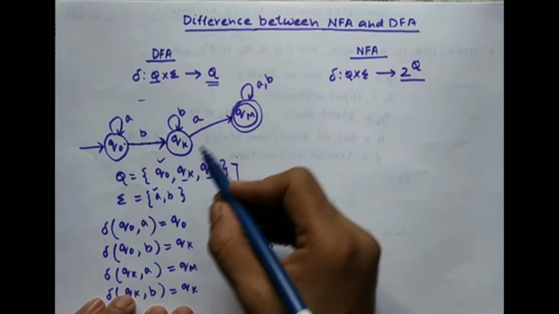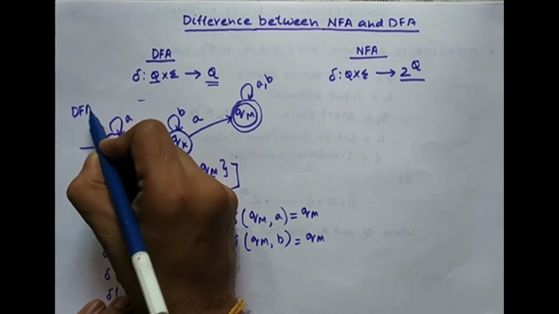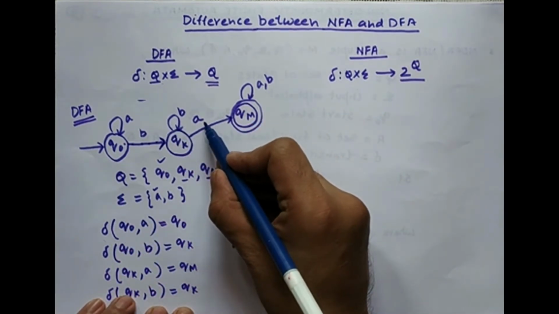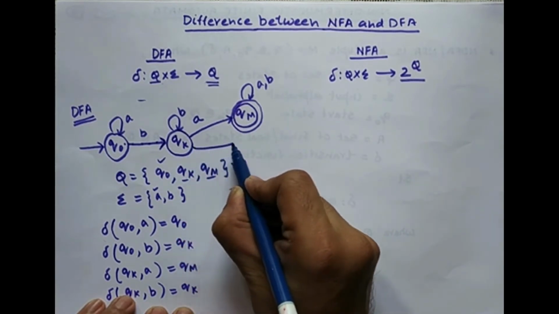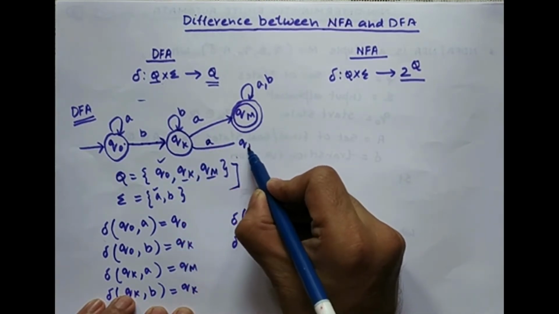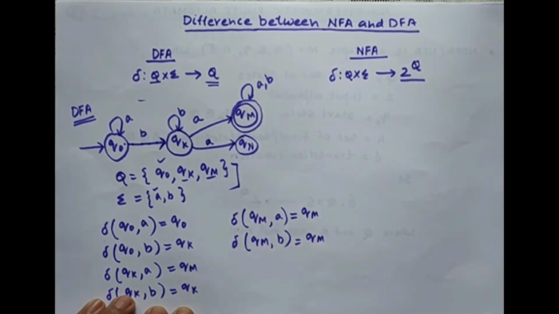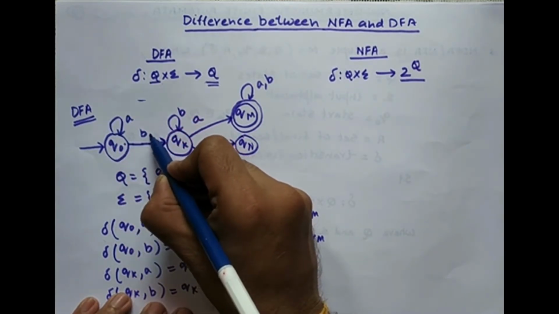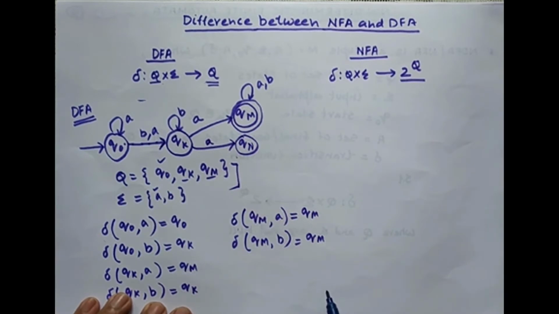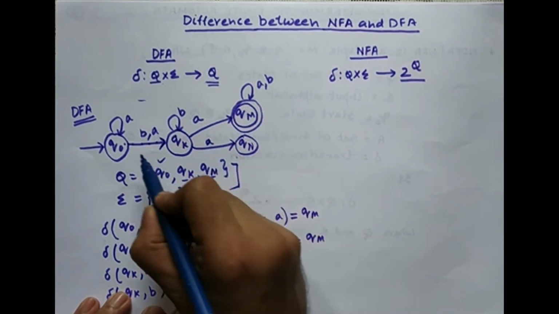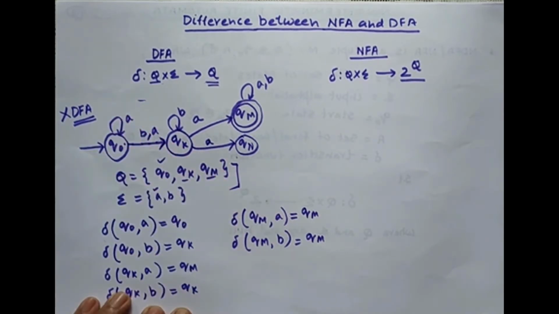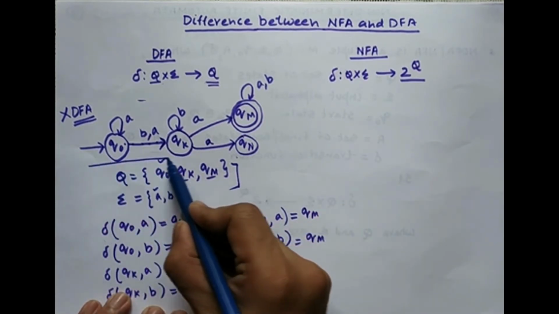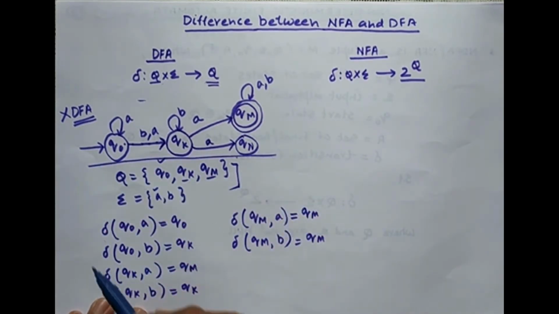For example, this diagram, which is currently a DFA, I would have called an NFA if on reading A from Qk it was also going to some other state, say Qn, or if Q naught on A goes to Q naught as well as to Qk. So if I make these two changes, 1 and 2, the diagram no longer remains a DFA, but now it is an NFA.